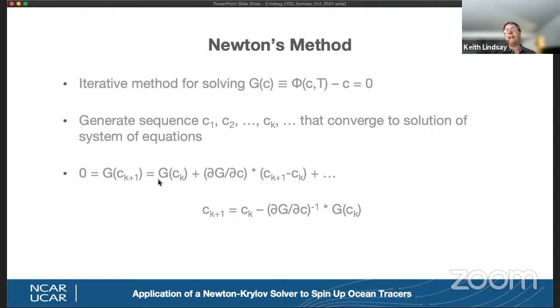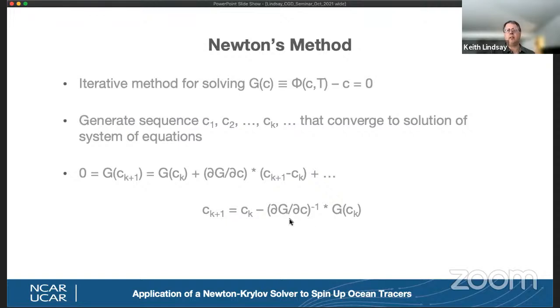And then we do a Taylor series expansion about the current iterate, Ck. The Taylor series expansion is that G of Ck plus 1 is G of Ck plus a Jacobian matrix times a difference of your state vectors. If you rearrange it, and we ignore higher order terms in Newton's method, and solve for Ck plus 1, you get this equation for Ck plus 1.